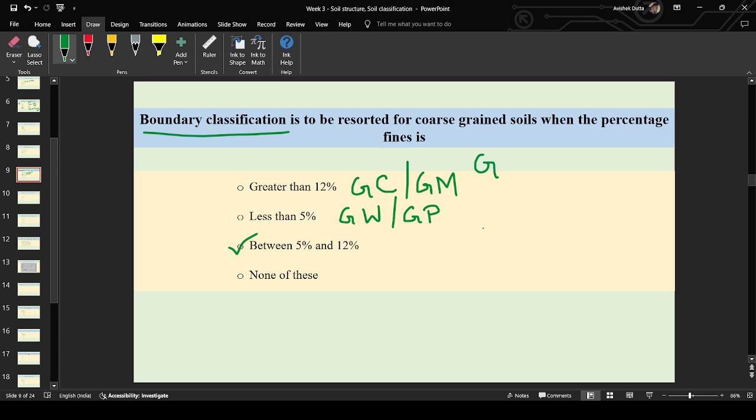For example, well graded gravel with silt of 8% by weight, falling between 5 and 12%, we write well graded silty gravel. This is called boundary classification for coarse grain soil. Is it clear or do I need to repeat?